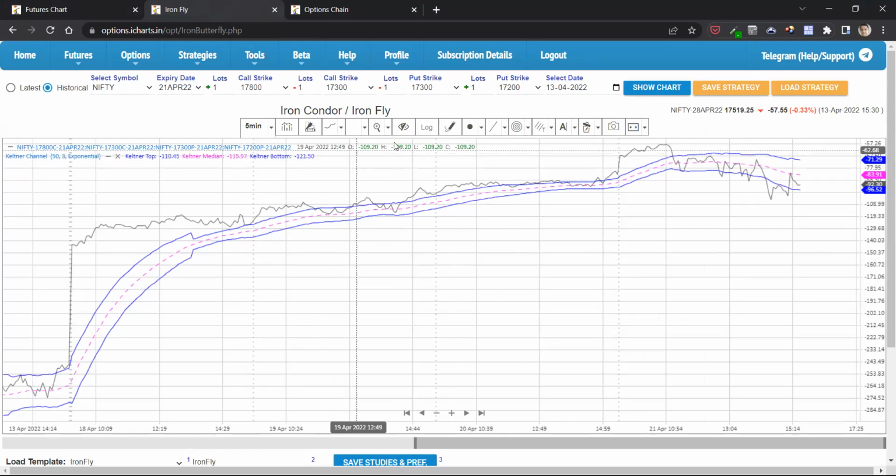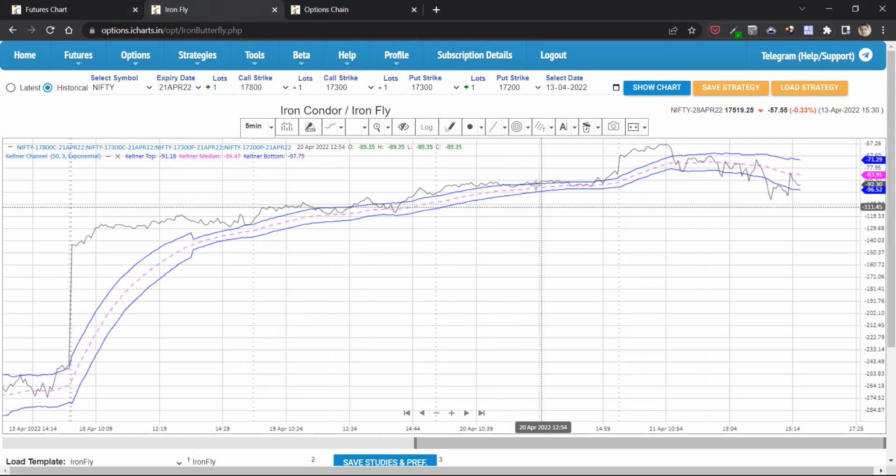And then later, once the adjustments are done, once we move to the other side, to the call side, the delta is going to be positive. So whether price is going up or down, we'll be able to adjust.